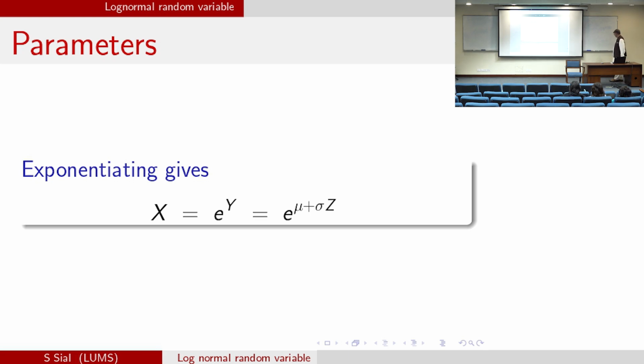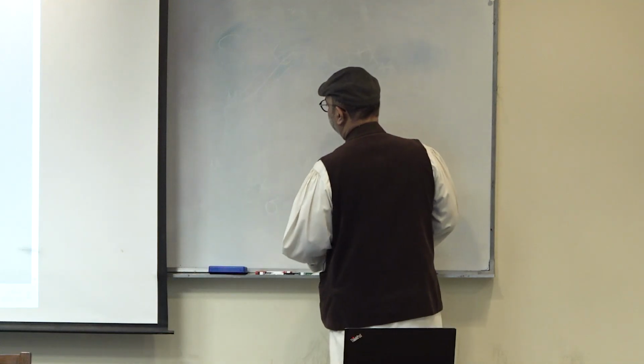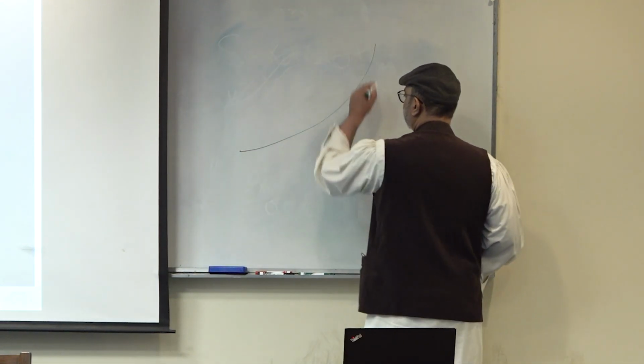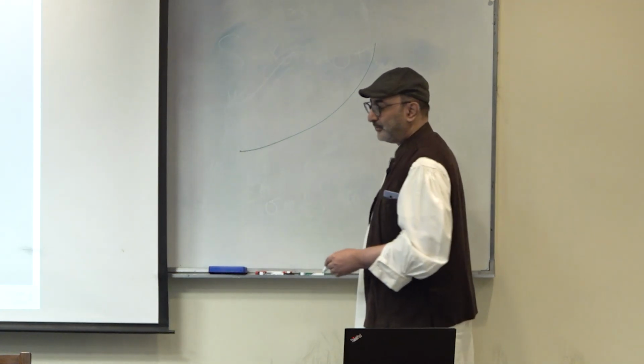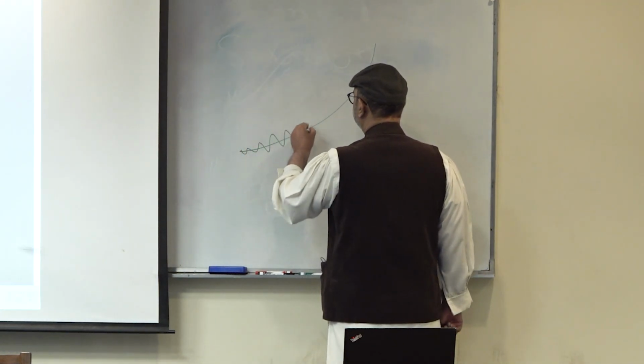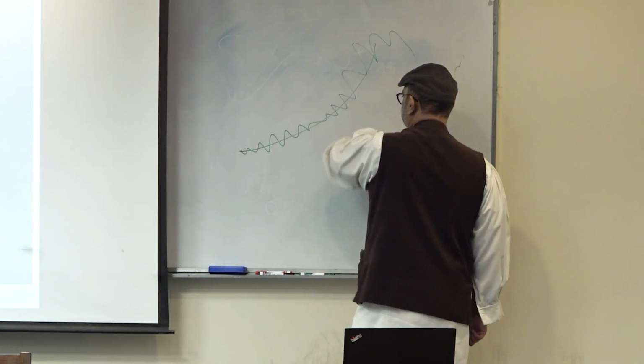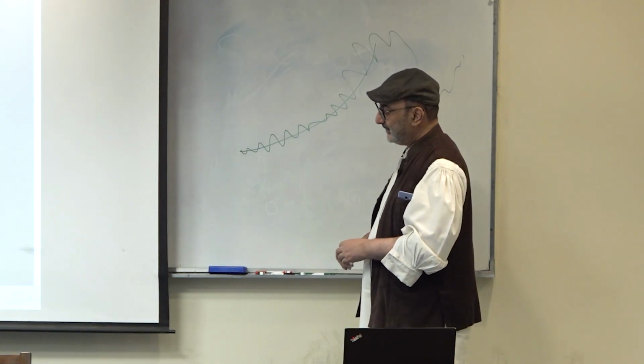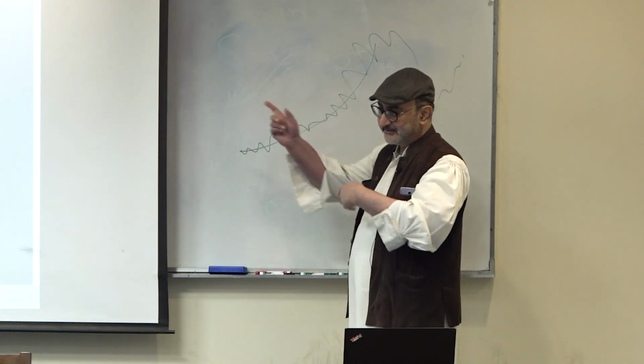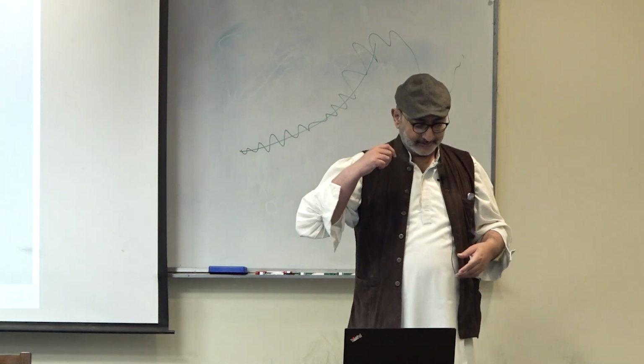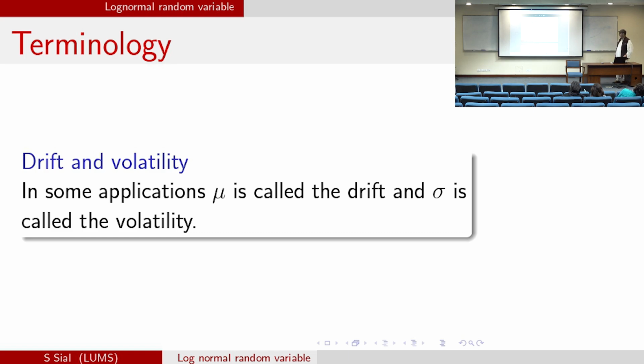So you have something which is deterministic, it's rising exponentially, but you've got some noise or volatility around that. And how big those variations are is controlled by that sigma. Okay, so once again, in some applications, like applications to assets which increase in value, mu is called the drift and sigma is called the volatility.